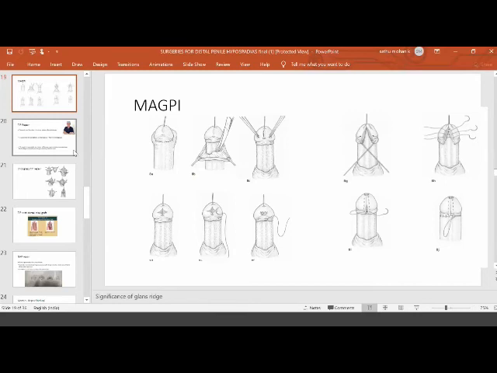Okay, understood. So the other one is the Arap procedure. In the Arap procedure, it is not mobilizing the glans wings. The stitch configuration is different. In a straightforward MAGPI, you take a midline stitch proximal to the meatus, in the skin, and pull it upwards. In Arap, you always take paramedian stitches.